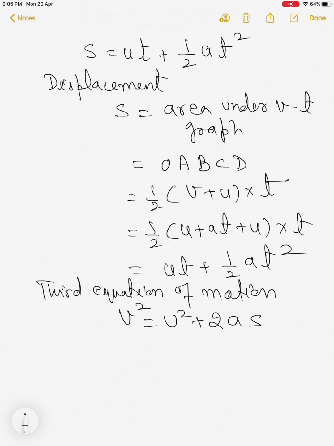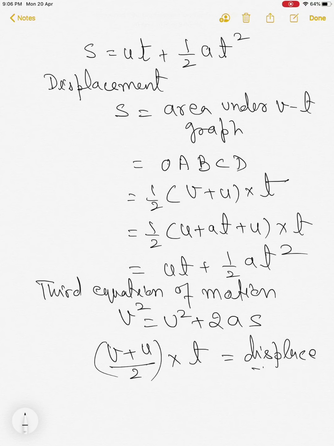So, we can find it: average velocity is v plus u by 2, into t, is equal to displacement s.